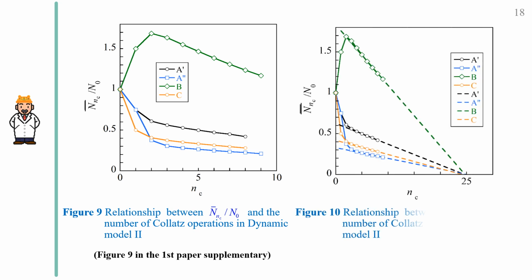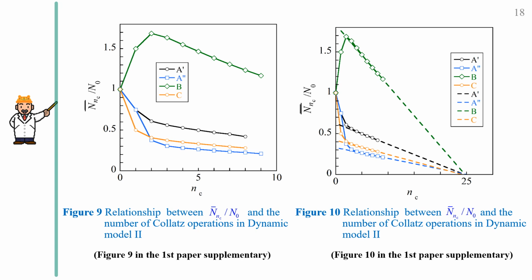Figure 10 shows the linear extrapolation obtained by applying the least squares method to the decreasing part of the dimensionless calculation values in Figure 9. As in Dynamic Model 1, the dimensionless calculation value becomes nearly zero when the number of Collatz operations is 25.